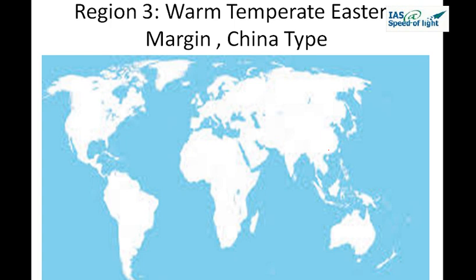Basically it's the eastern part of China, also covering southern Japan. So that is how it gets its name as the eastern margin or the China type.